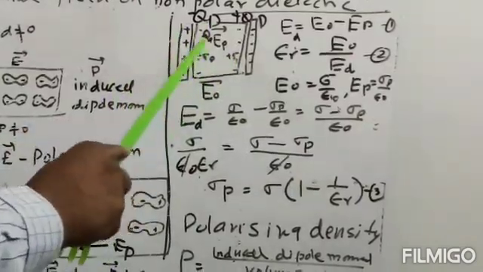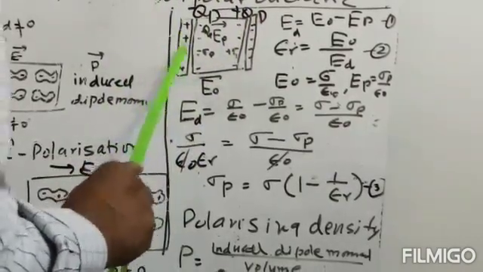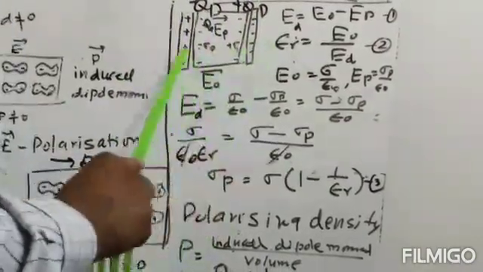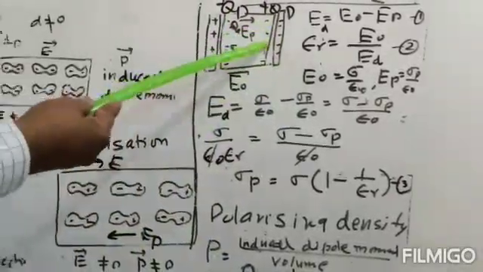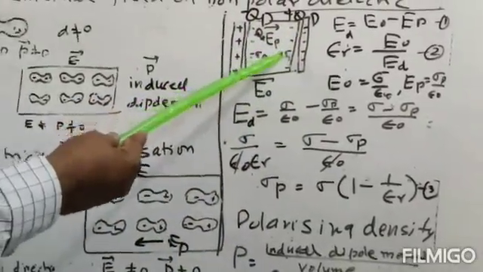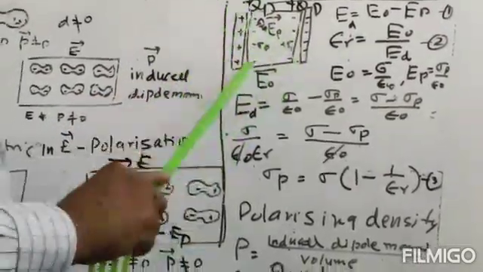Now the direction of the electric field outside will be from left to right in this direction, whereas for the dipoles in the dielectric, the positive charge is here, negative charge here.